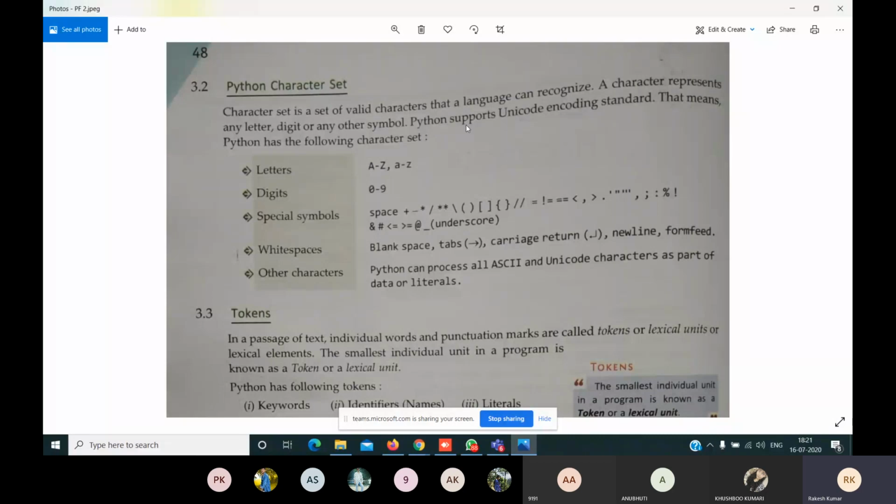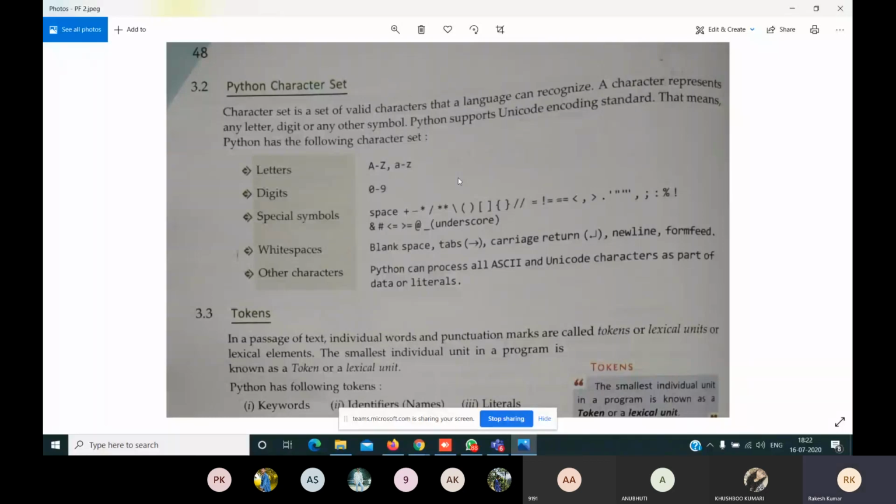So Python supports the Unicode encoding standard. So what is the Unicode encoding standard? Do you know about the encoding standard? Anyone? Give the answer.